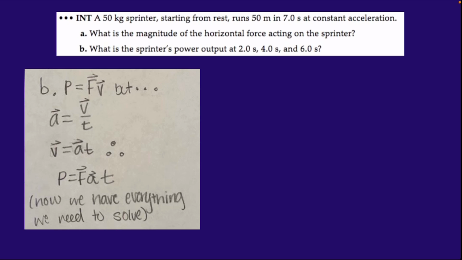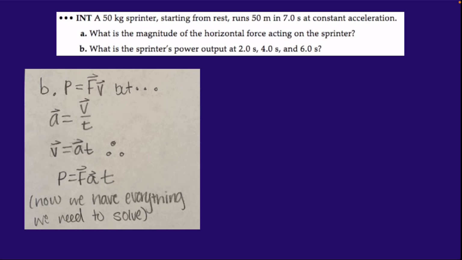There are several ways to solve for power. Probably the most simple one being work over time, because that's pretty related to the definition of power, which is the energy output over some amount of time, basically.